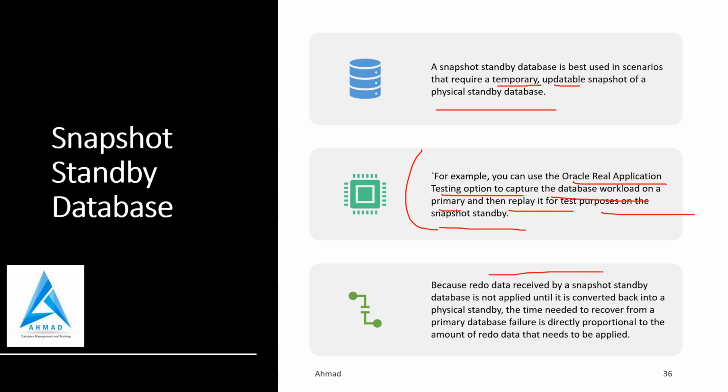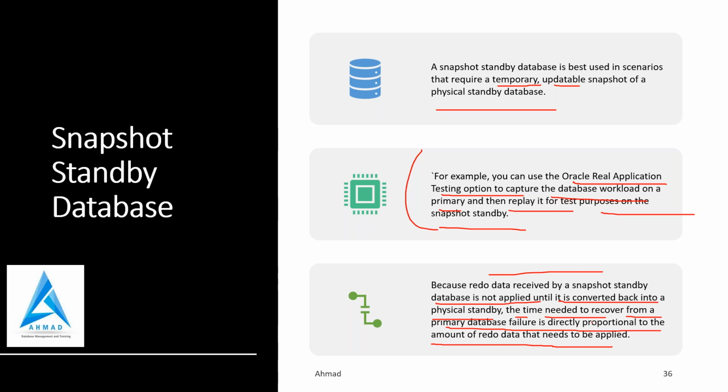Because redo received by a snapshot standby database is not applied until it is converted back to a physical standby, the time needed to recover from a primary database failure is directly proportional to the amount of redo that needs to be applied.